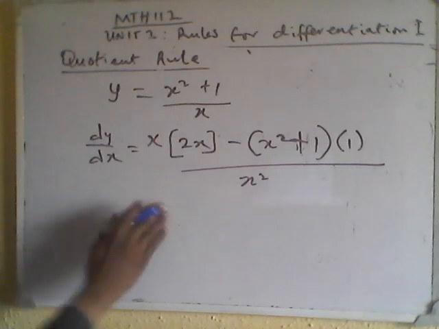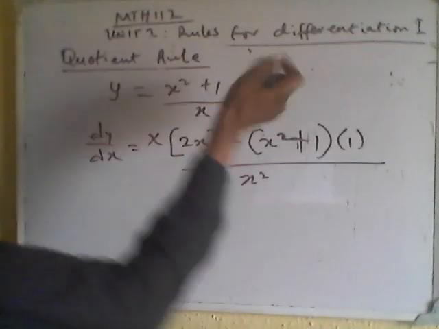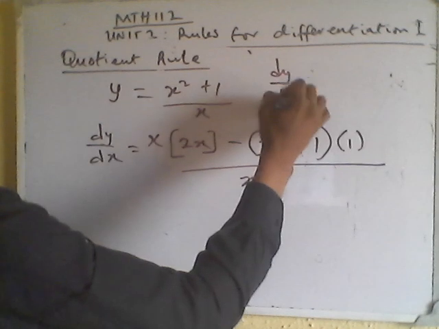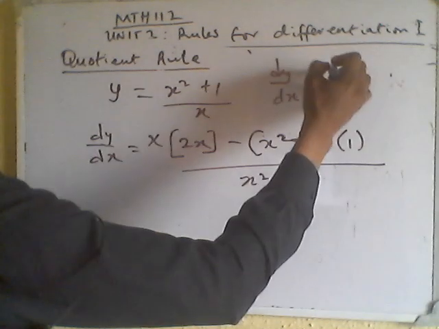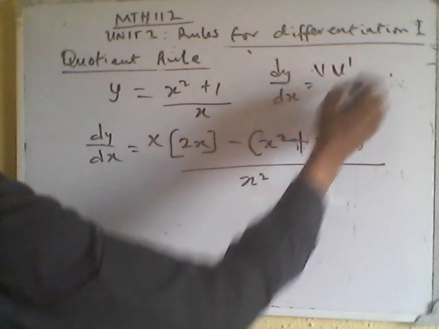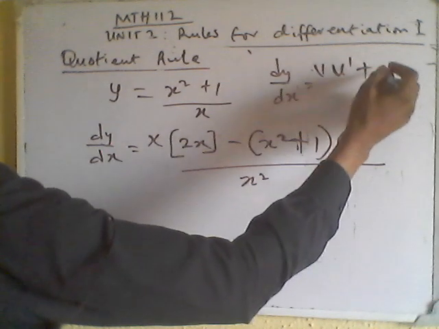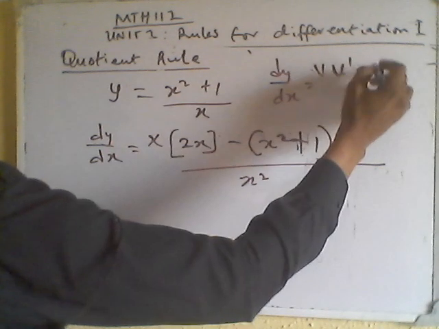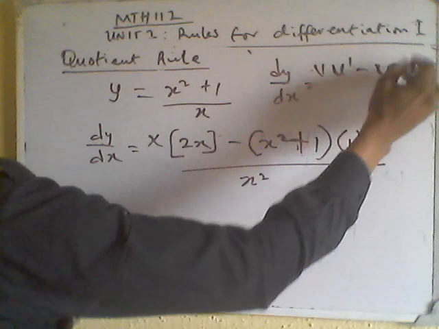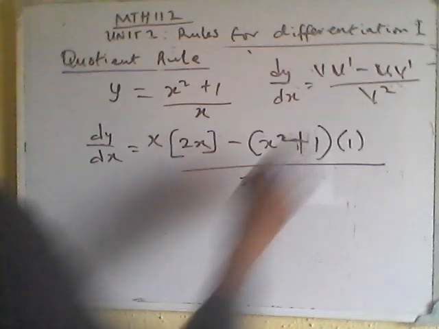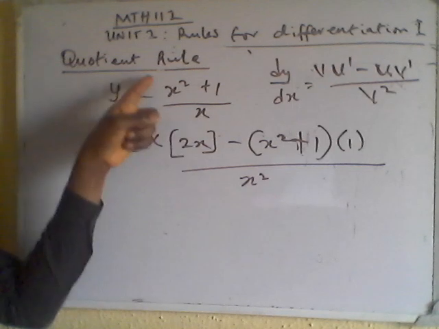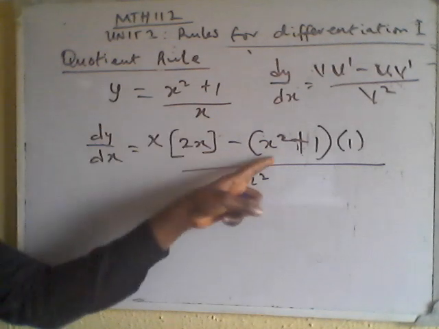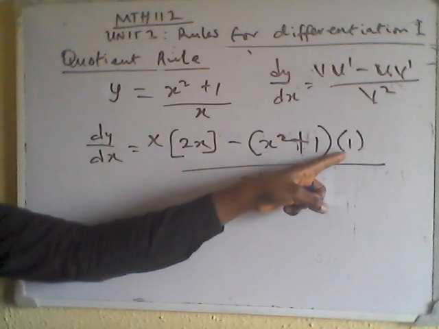So I've cut all this long, I can write the formula, of course. dy dx is equals to v, that's v is down, v du minus u dv over v squared, right? That's the formula. But bottom the top minus top the bottom over bottom square.